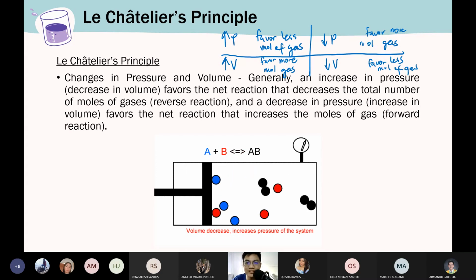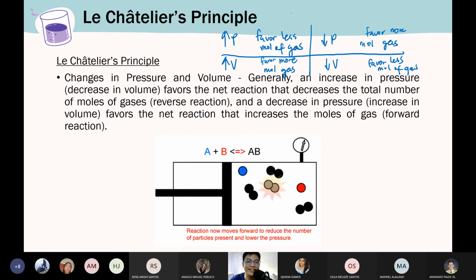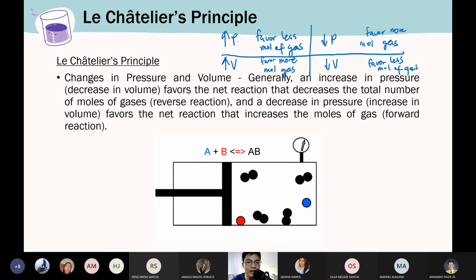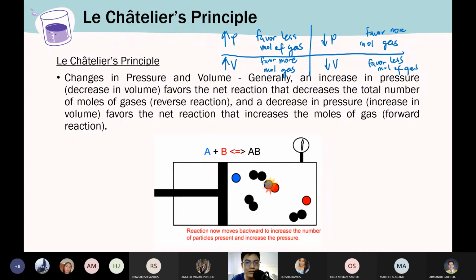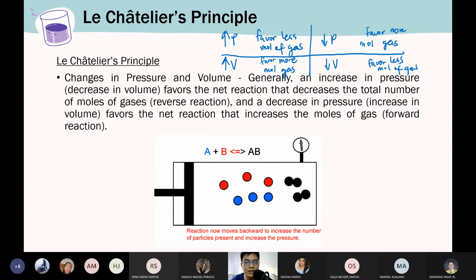Wala, 5 minutes na lang. Anyway, let me just discuss it very quickly. Why is it inverse yung relationship nila? Kapag increased pressure, less mole of gas. Kapag increased volume, more. Because remember Boyle's law, pressure and volume are inversely proportional.